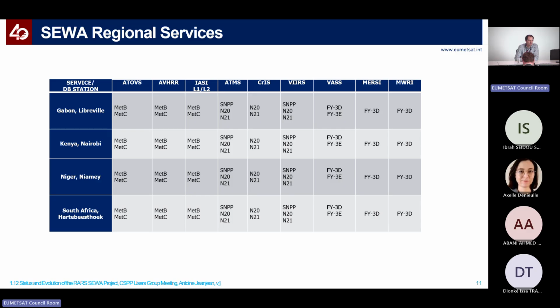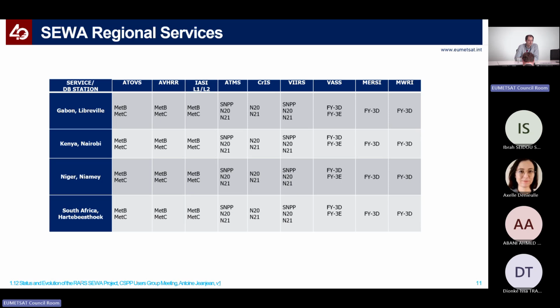For SEWA regional services, the plan will be to have the same harmonized approach for each of the stations, which will acquire the same satellites and deliver the same services. From the METOP, it will be sounding and imager, so IASI, AVHRR, and hyperspectral with IASI.